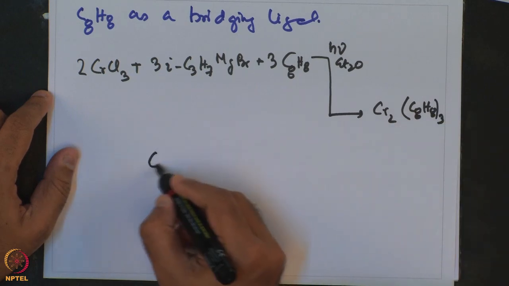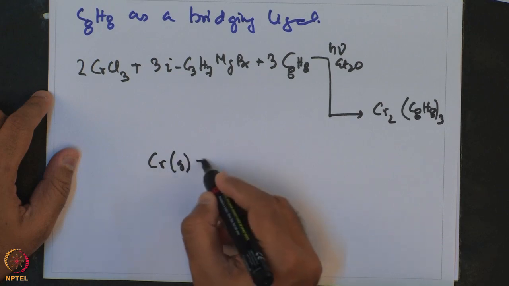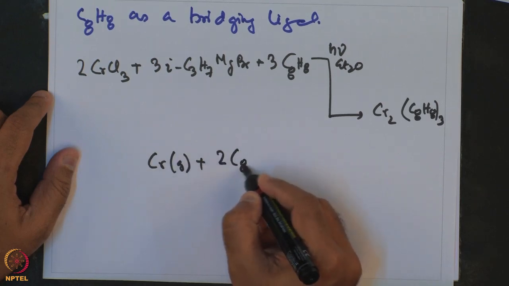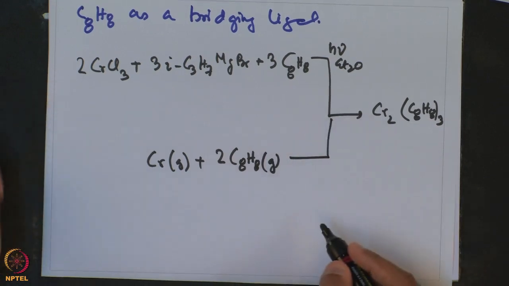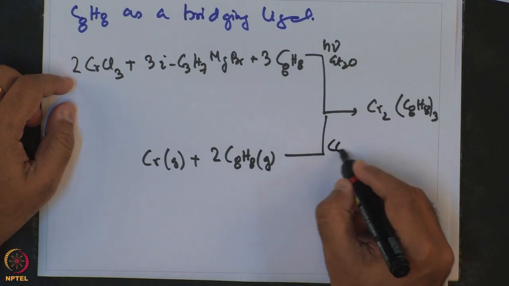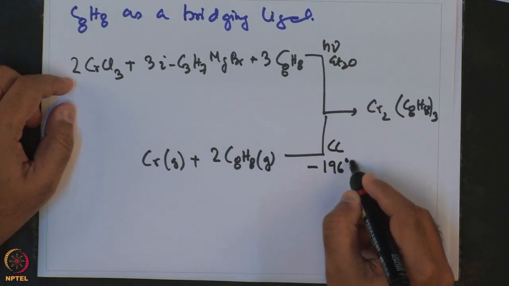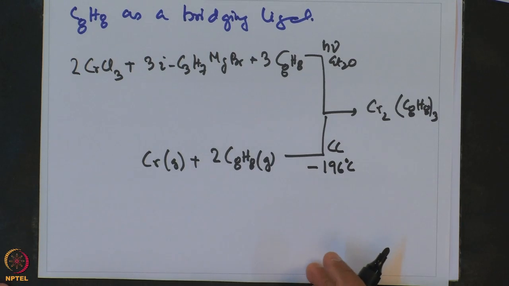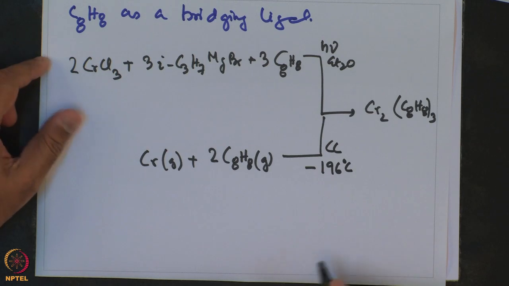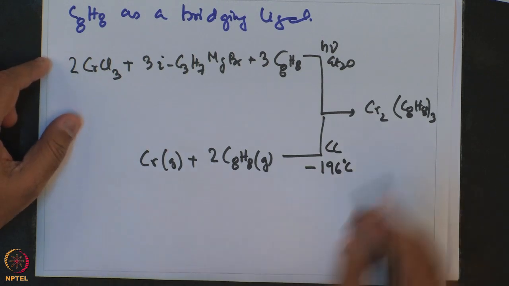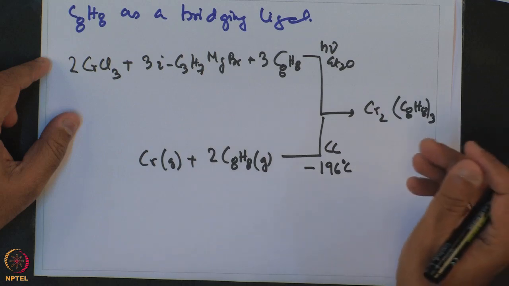Similarly, one can do chromium gas plus 2 C8H8 gas, and by the co-condensation method at minus 196 degree centigrade one would get this dichromium tris C8H8 complex. The corresponding tungsten compound, however, is prepared by a slightly different method in which it is directly reacted with the dianionic C8H8 ligand.